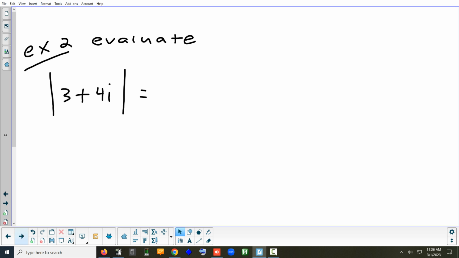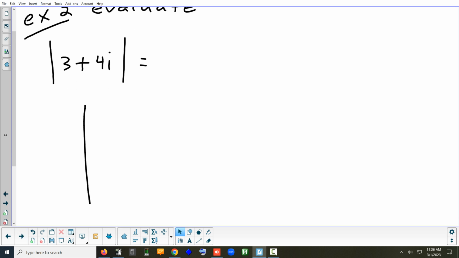Okay, let's try to find the absolute value of that. So if you want to visualize what you're doing, there's the point 3 plus 4i. You're finding that distance. And you're going to think of it as a triangle, just like that. So anyone think they could tell me how I get that distance?